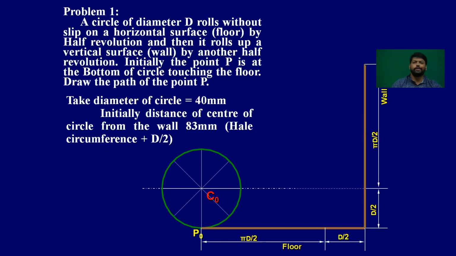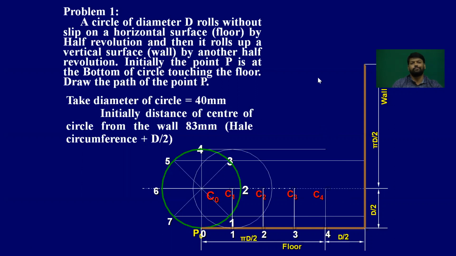We made it into only 8 parts, and for the half revolution you will get up to C4 here, and for the next half revolution from C4 to C8. So when the circle is rolling along the horizontal straight line, when the center becomes C1, you need to take the radius of the circle and cut the line passing through 1, and for C2 you need to cut the line passing through 2.